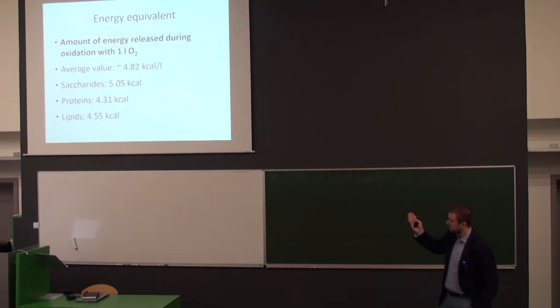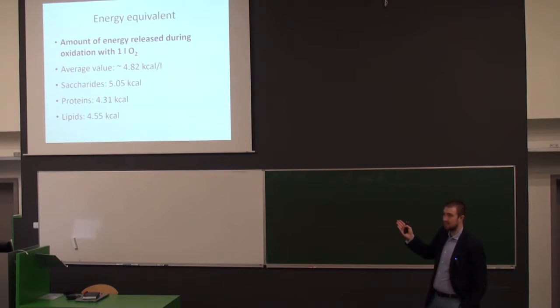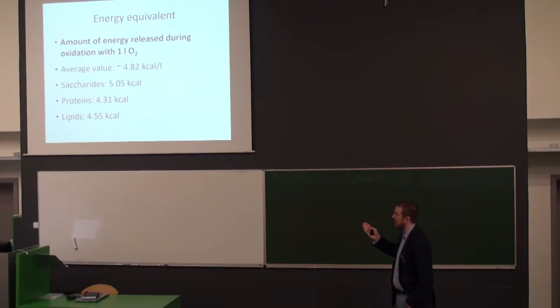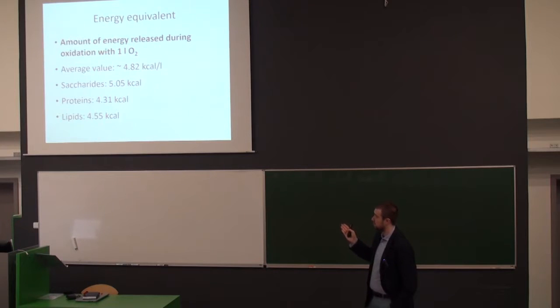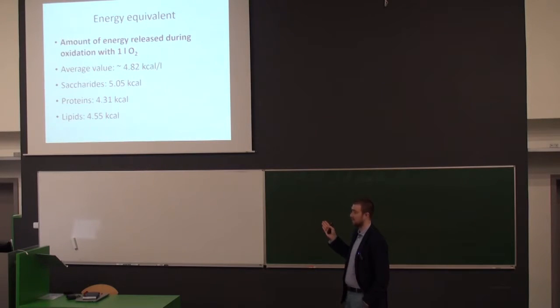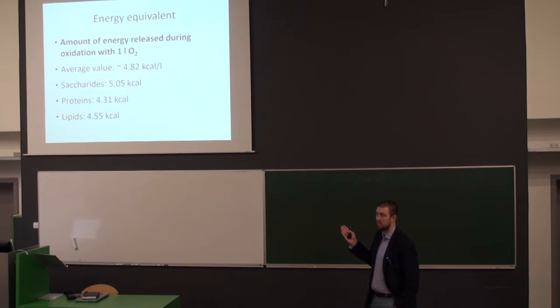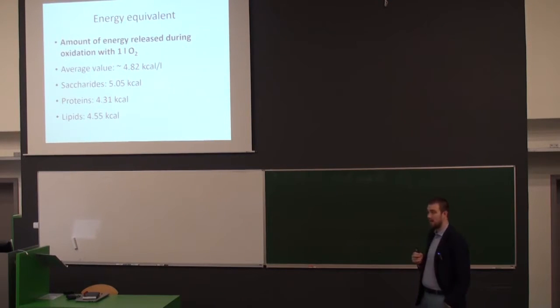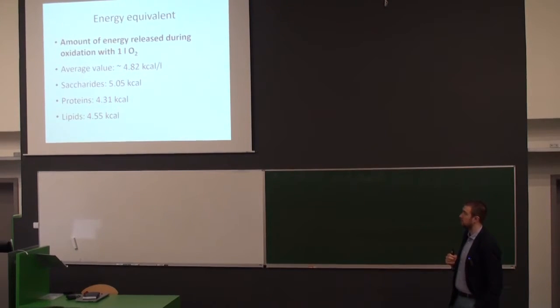And as you see, for different nutrients, the numbers are different. It's not surprising that saccharides have the biggest number. Yes, they have over 5 kilocalorie per liter.